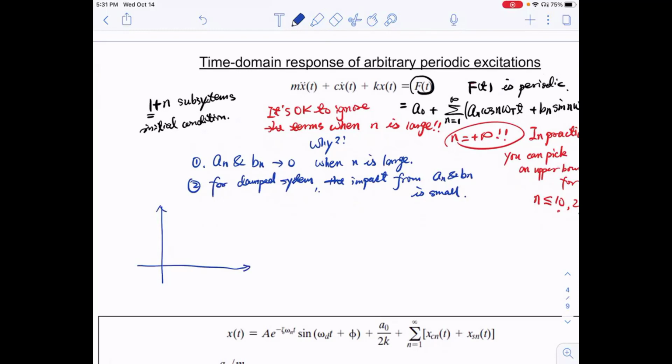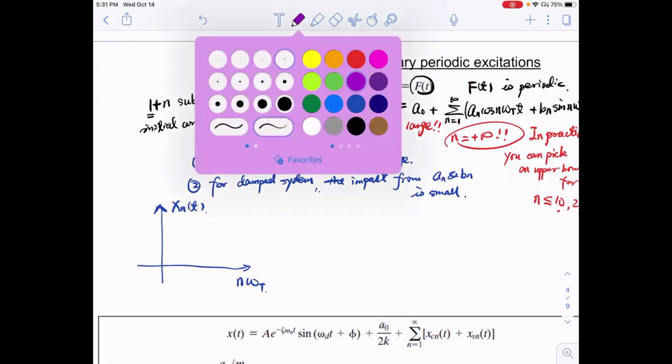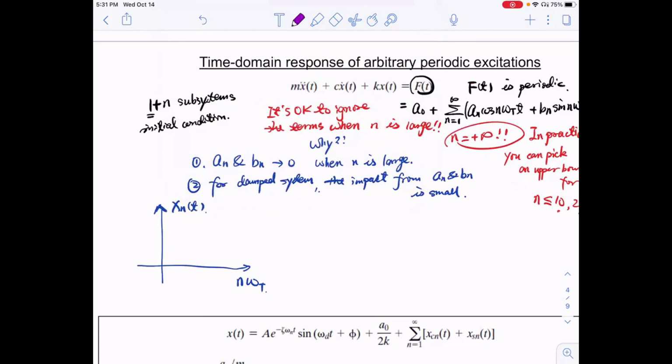In this case, that's your omega, which is actually n times omega t. That's your nth order response, xn(t). If we remember the force transmissibility, or in this case x over f, that's actually compliance. It's something like this, right?